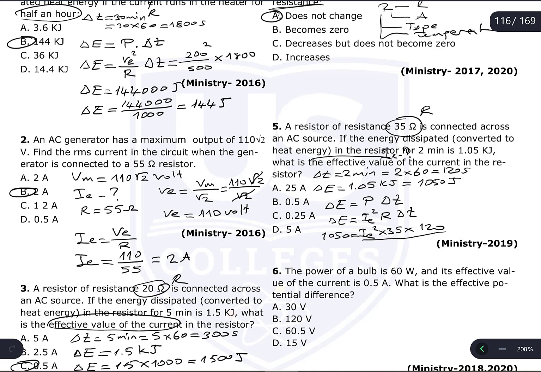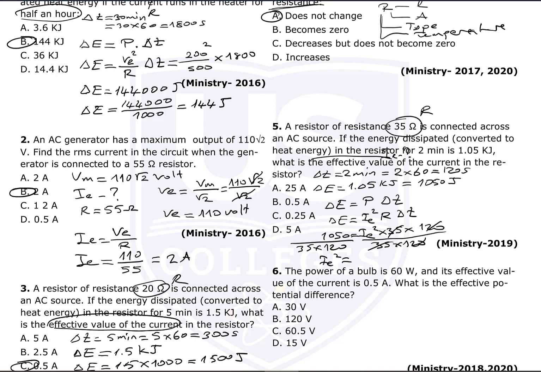So divide both sides by 35 times 120. Effective current squared is going to be, let's use the calculator, 1050 divided by bracket 35 times 120, close the bracket. The answer is 0.25 again. So when we take the root of both sides, effective current is going to be 0.5 ampere. So B is the correct answer.